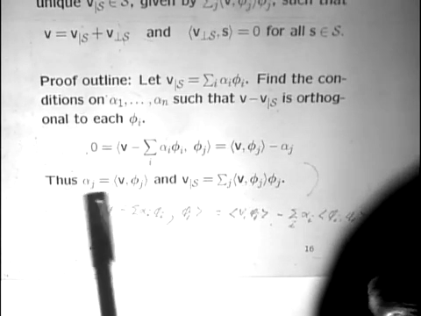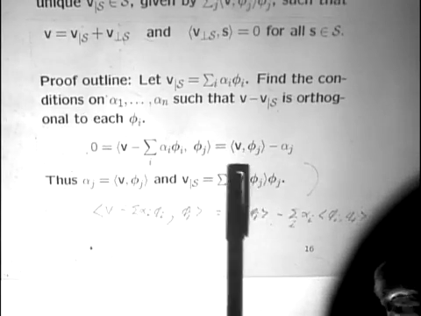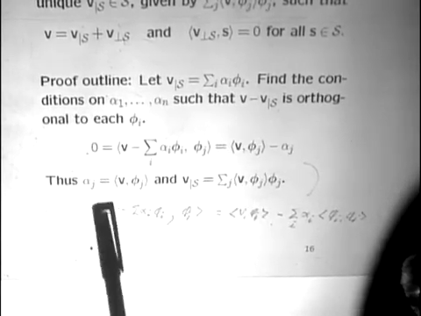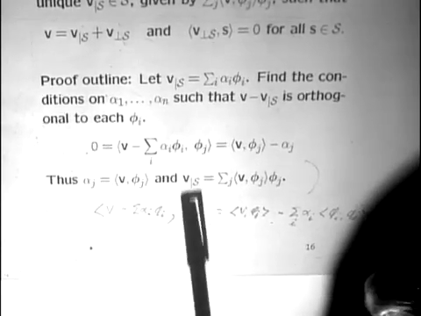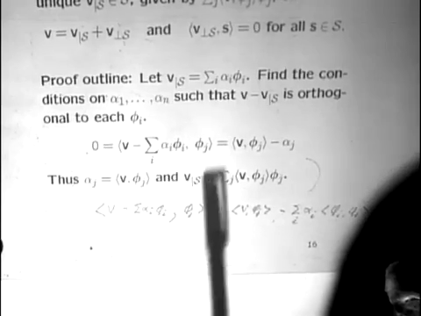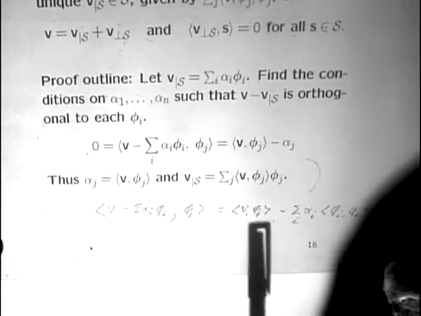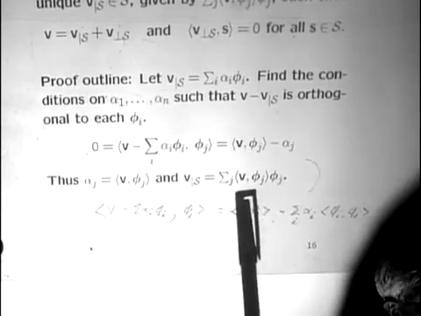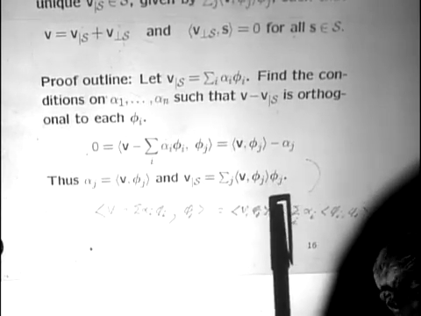So alpha sub j has to be equal to the inner product of V with this basis vector, and therefore this projection, which we said was the sum of alpha i phi sub i, is really the sum over j of the inner product of V with phi sub j, times phi sub j.